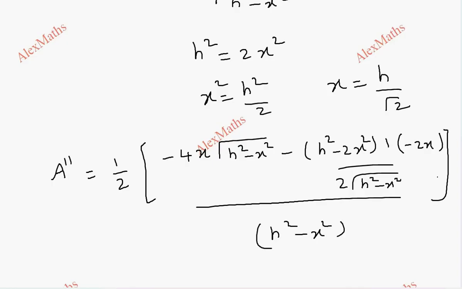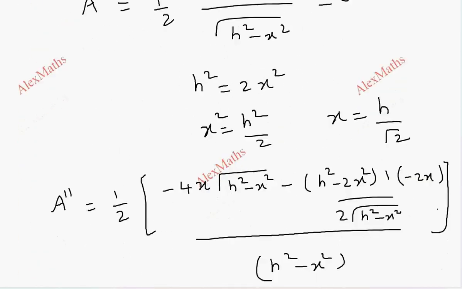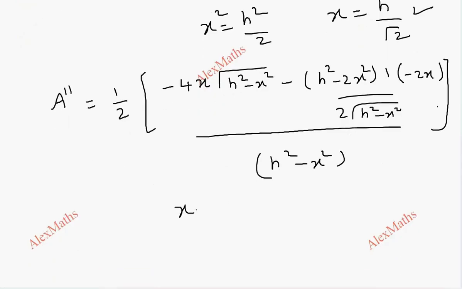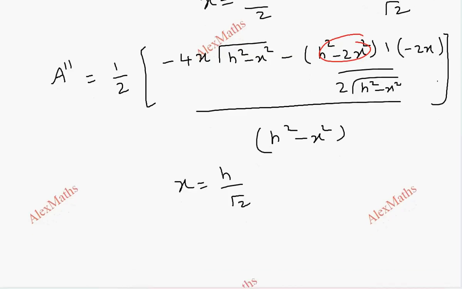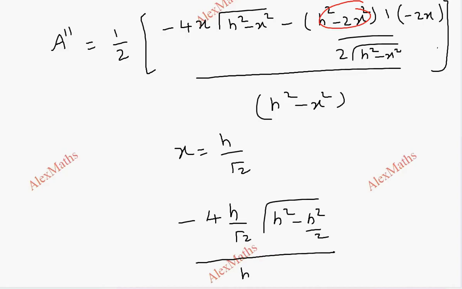And we have to show this is maximum at the critical point. So I have to use x as h by root 2. When I substitute x as h by root 2, this part will become 0. It means the entire term is 0. And now we are left with only minus 4 h by root 2 root of h square minus h square by 2, and we have a denominator which is h square minus h square by 2.